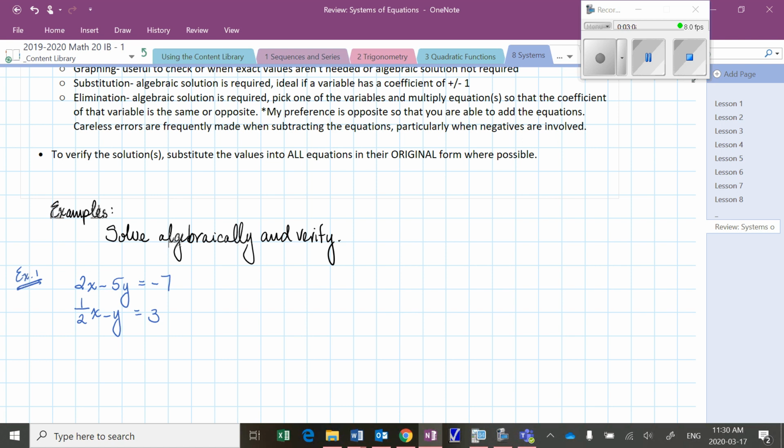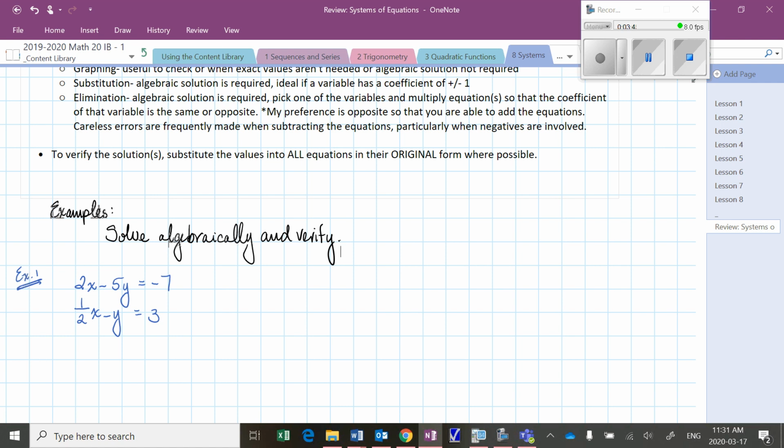My preference is always going to be that you select opposite coefficients, and that allows you to add the equations in order to eliminate the variable. You could also use the same coefficient, but then that requires that you subtract the equations. And almost every error that I have ever seen when it comes to systems of equations results from people subtracting incorrectly, and that's often when negatives are involved.